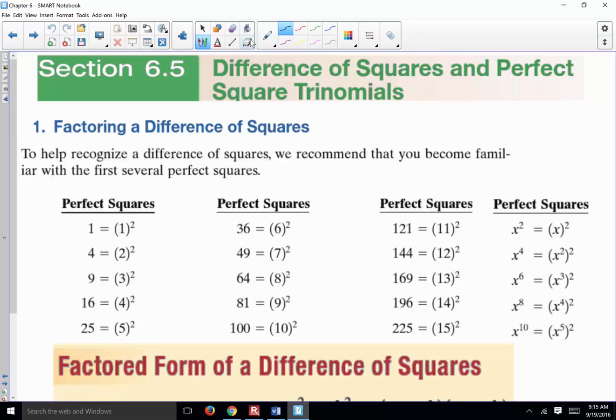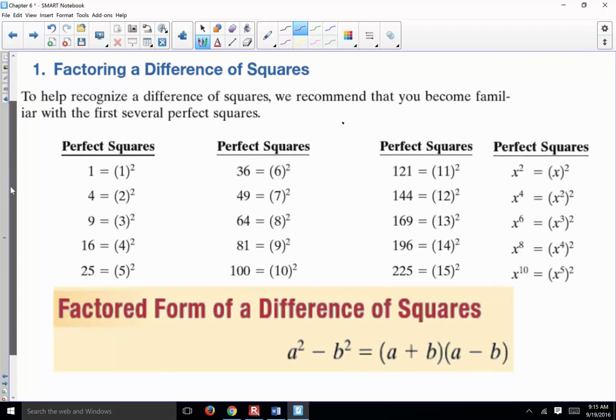Extremely important. Alright, why don't we first understand what a perfect square is?